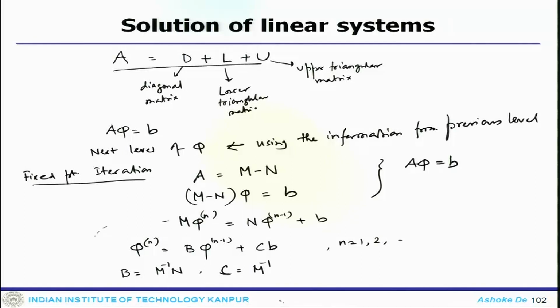So essentially from here you multiply it with M inverse, so this becomes phi^n equals B phi^(n-1).